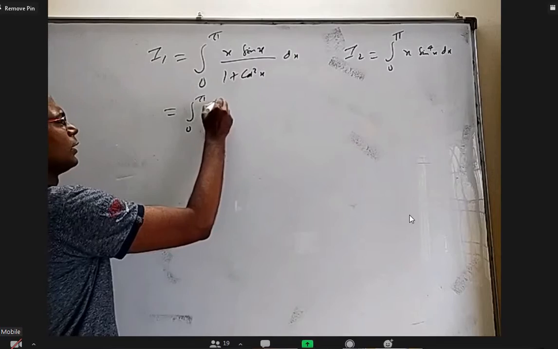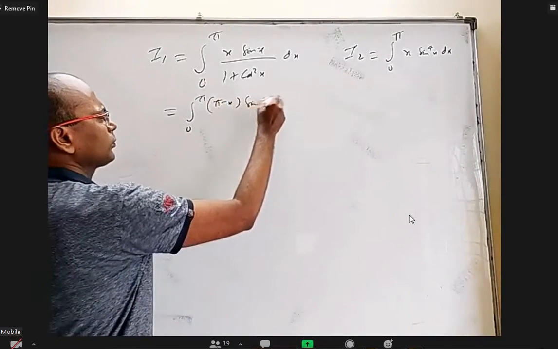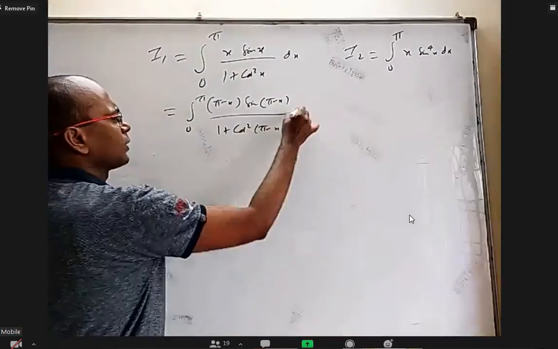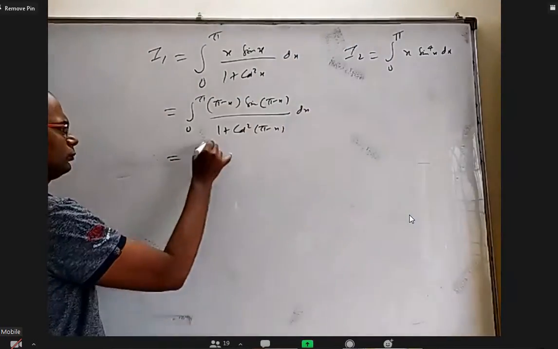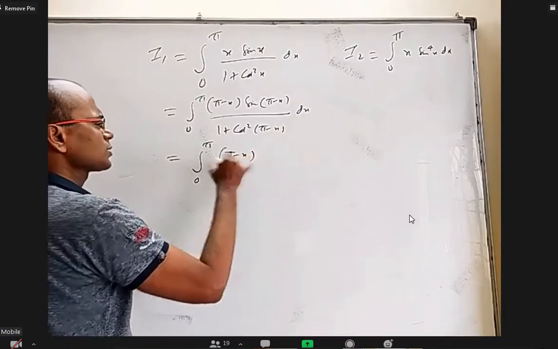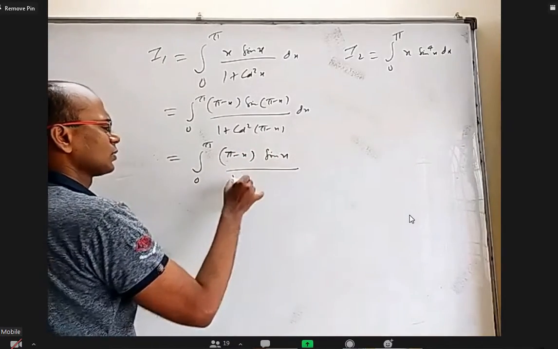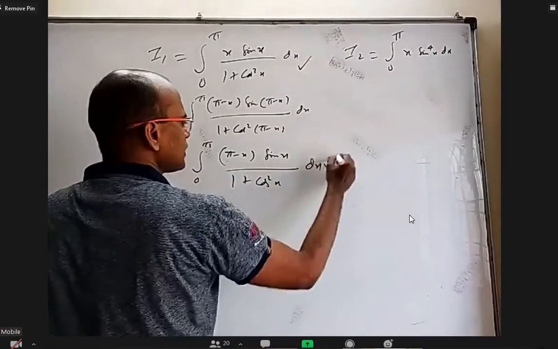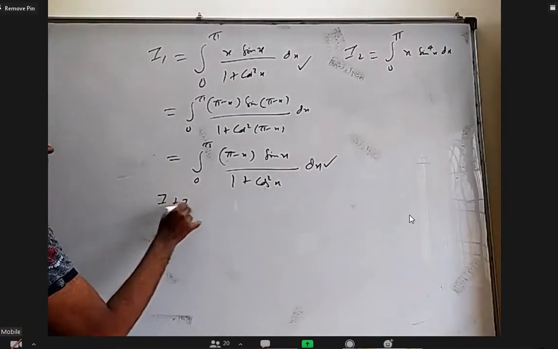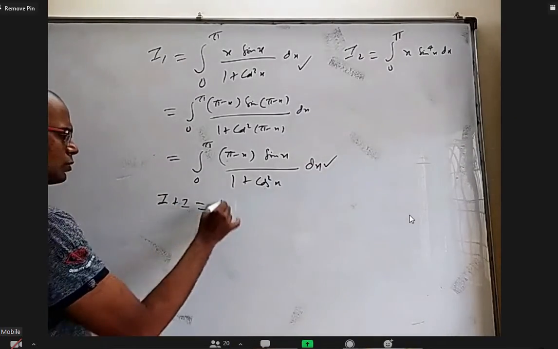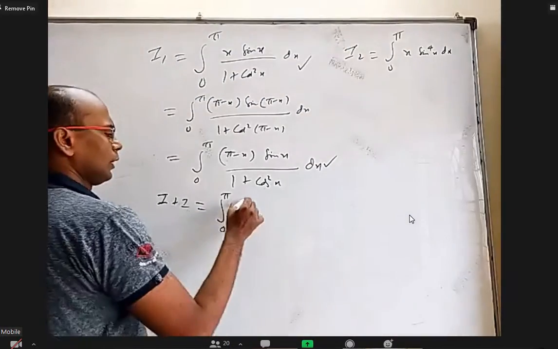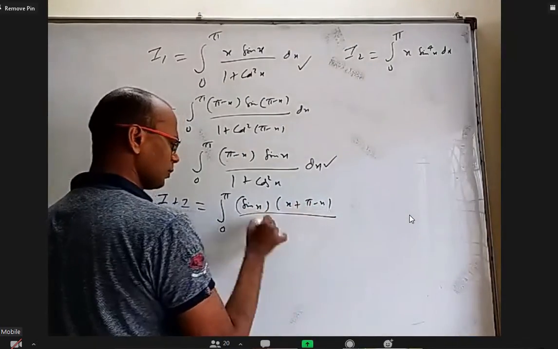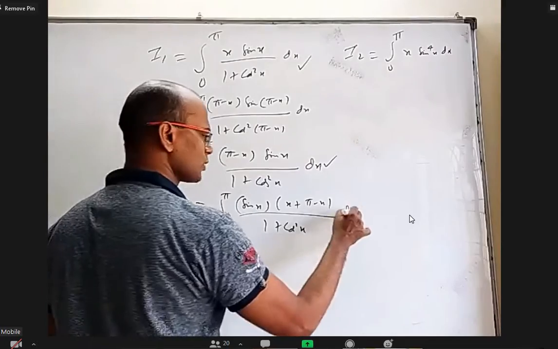0 to pi, pi minus x here, sin of (pi minus x) here, 1 plus cos square of (pi minus x). This is pi minus x, this is sin x, this is 1 plus cos square x dx. When I take this and do I plus I, 0 to pi, I'll get sin x common, I'll get (x plus pi minus x) by 1 plus cos square x dx.